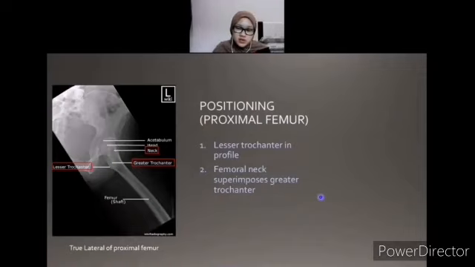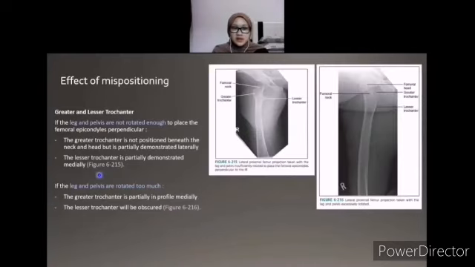Next, this is the positioning criteria for true lateral of proximal femur. The lesser trochanter will be in profile medially and the femoral neck superimposes the greater trochanter. We can detect if there is mispositioning by looking at the greater and lesser trochanter.